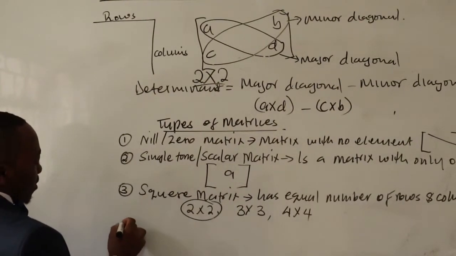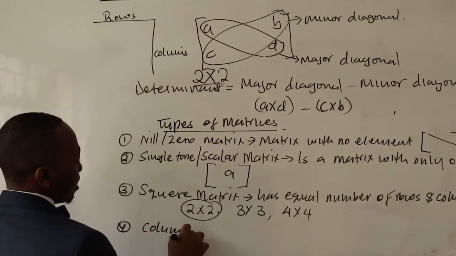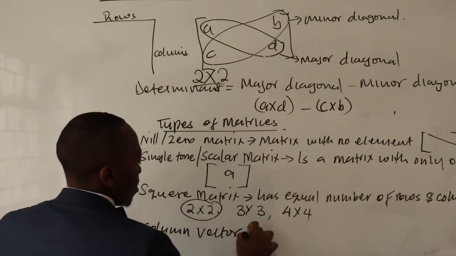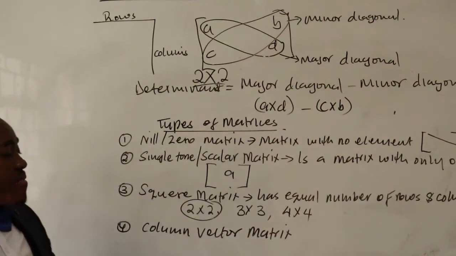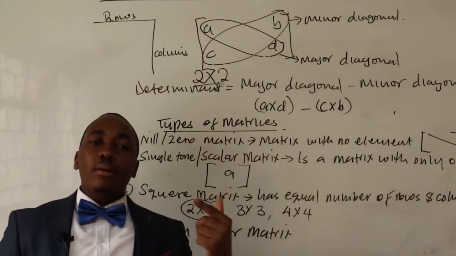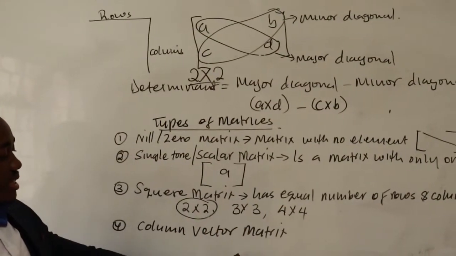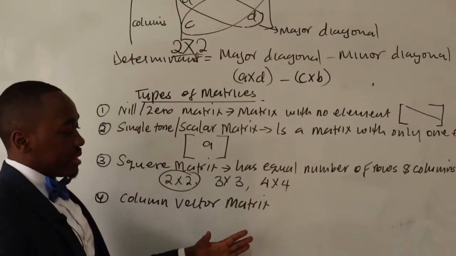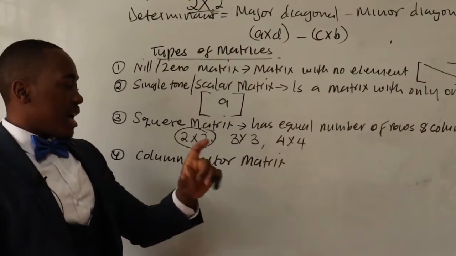Number 3 or number 4, we have what we call a column vector matrix. So what's a column vector matrix? A column vector matrix is a matrix with only one column but more than one row. I repeat again, a column vector matrix is a matrix having only one column but more than one row.